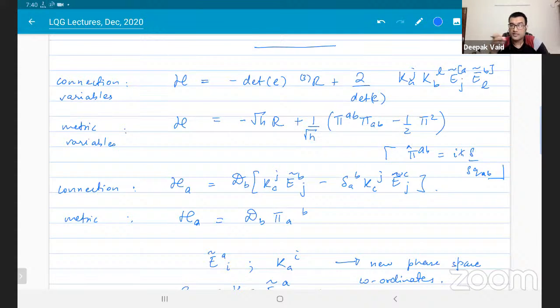Then you say that, okay, I can solve this equation and I can get state solutions, but those solutions are just functions of A, just functions of this scale factor. So it's a sort of a formal kind of procedure.